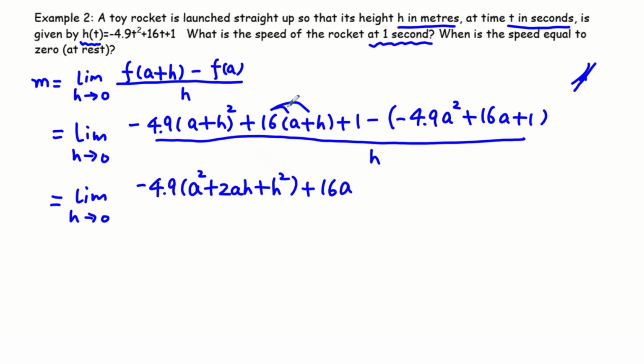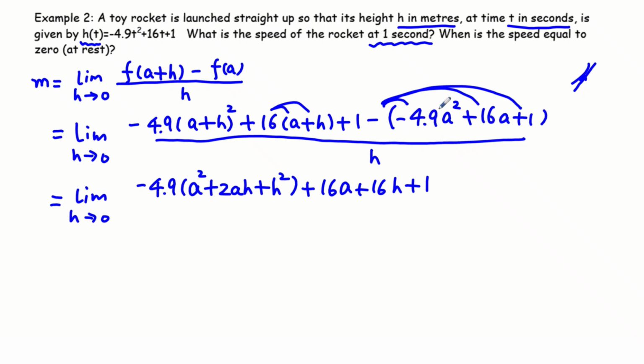So 16 times a, 16 times h, gives you 16h. Then plus 1. So minus bracket, we want to get rid of it. We apply the negative sign to each term inside the bracket. It just means we switch all the signs inside the bracket to the opposite.